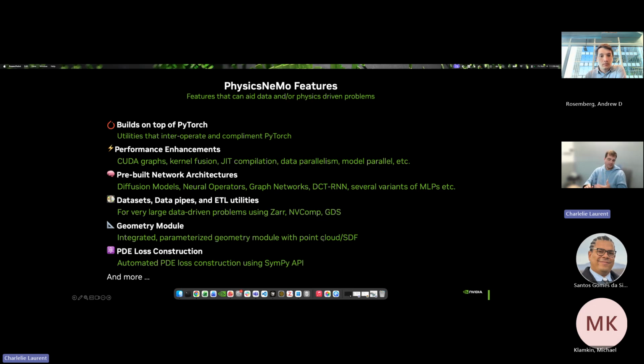So it's really lower level geometry utilities. If you want to build an application, let's say you want to resolve the flow around an aircraft, so some kind of aerodynamics problem, from scratch, you would probably need to reuse those optimized utilities from the geometry module to handle the geometry. And finally, we have those things for physics-informed training.